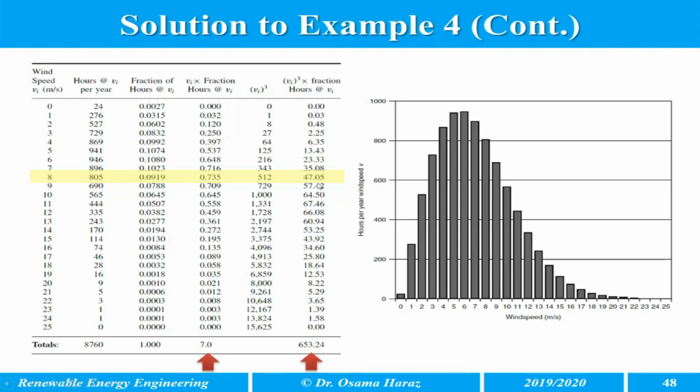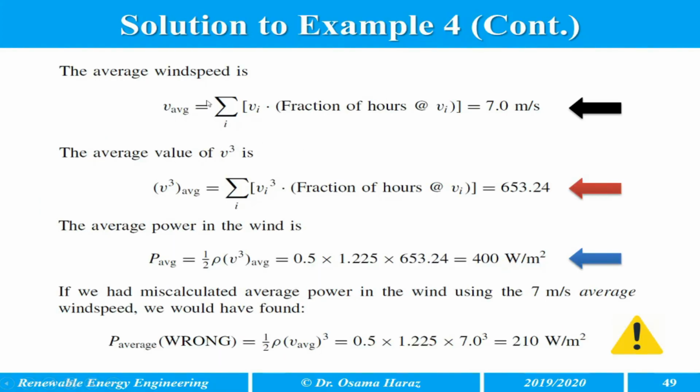And the total of the cube of the velocity times the fraction is 653.24. This is what you are going to use in your calculation. So the average speed is 7, but the average cube of the velocity becomes 653.4. The average power is half rho V cubed average, so multiplying by rho and by half, you get 400 watts per meter squared. This is the right answer for the average power.